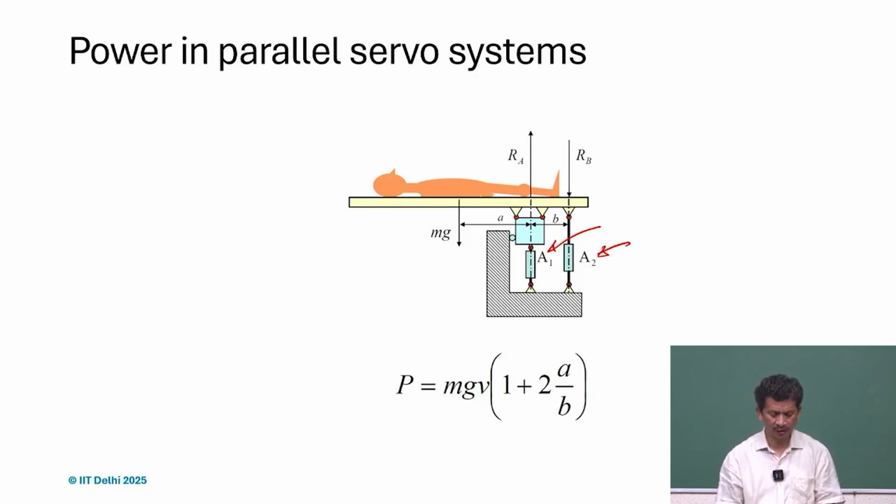But if you look at the calculations, we realize that because of the offset, this mg, the weight, A1 and A2 have to take care of the moment because of that offset, but at the same time they have to also take care of the lift. So we can do a quick calculation. So suppose this is point O and this is say M.